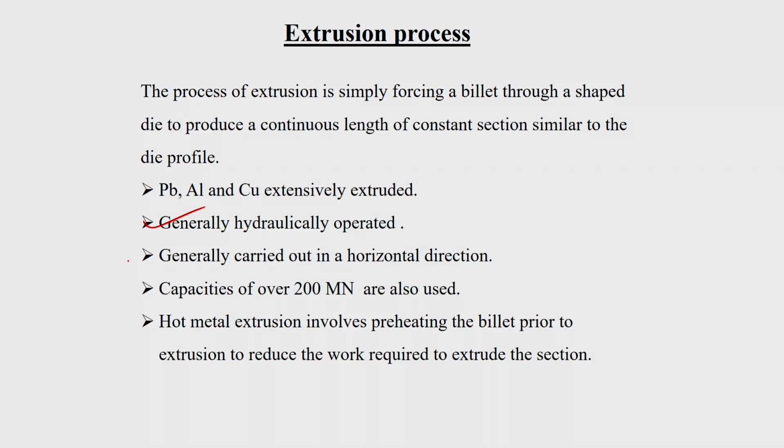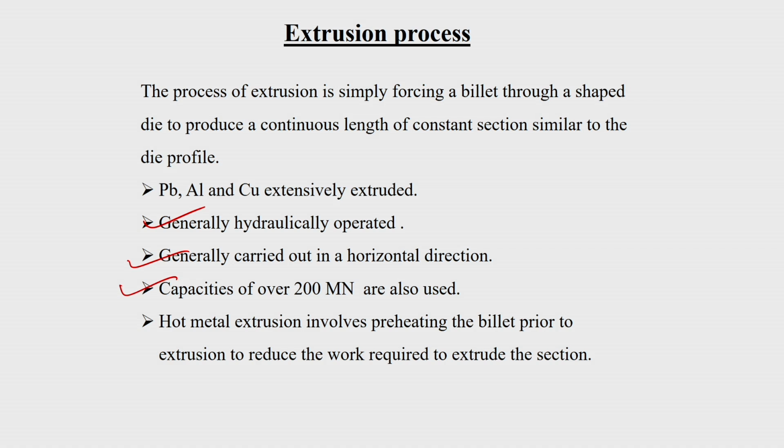And because you can get a very large length of the extruded part, normally it is carried out in a horizontal direction, so that the length of the extruded part can be very large. Vertical cases are also there, but in that case the length is limited, and extrusion presses of over 200 meganewtons are also used. So, very high capacity presses are also used.